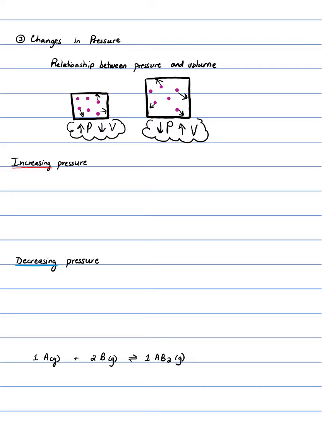Increasing the pressure is the same as decreasing the volume. They are the same. If you're decreasing the volume, the pressure will be increasing. If you're increasing the pressure, it's because the volume is decreasing.